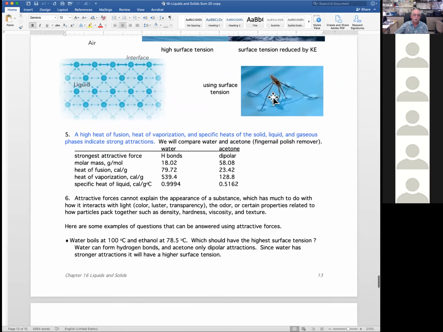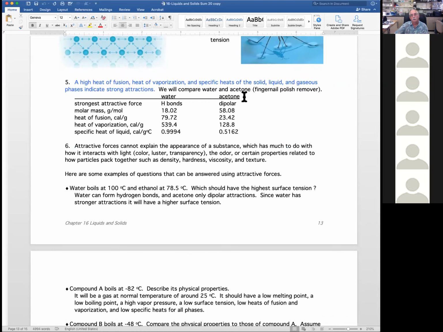And then if you have strong attractive forces, all of these values right here are going to be high. Heat of fusion, heat of vaporization, specific heats, are all going to be high. And I compared water to acetone, and you can see it's quite a difference. It's all about attractive forces.